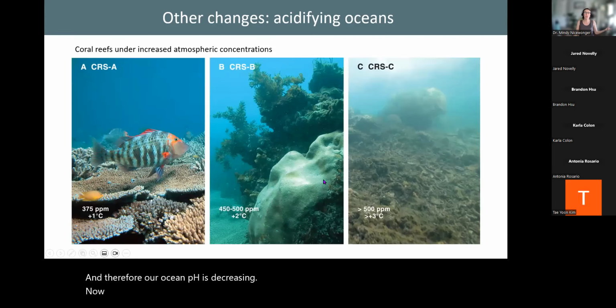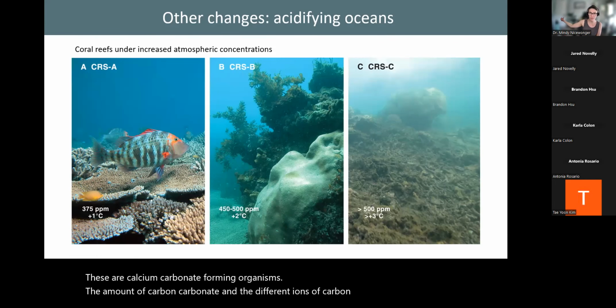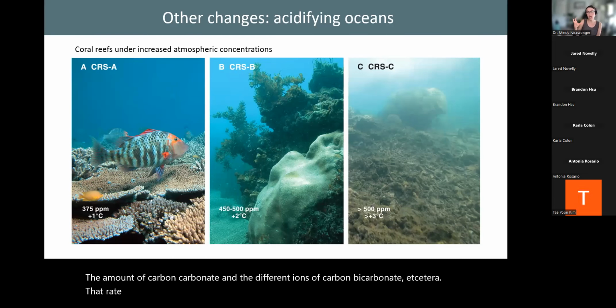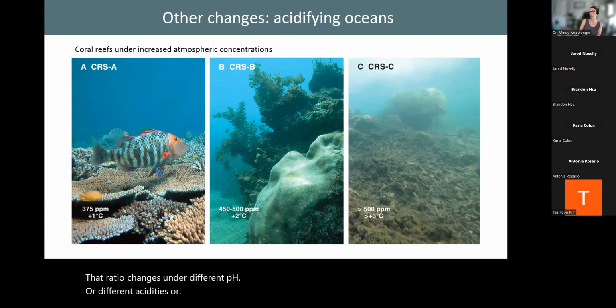Now, when we look at coral reefs, these are calcium carbonate forming organisms. The amount of carbonate and the different ions of carbon, bicarbonate, etc., that ratio changes under different pHs or different acidities or levels of carbon.